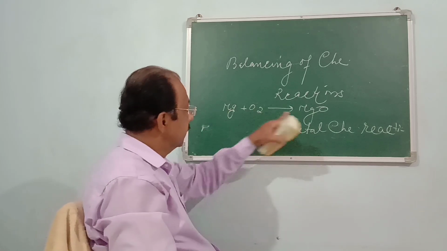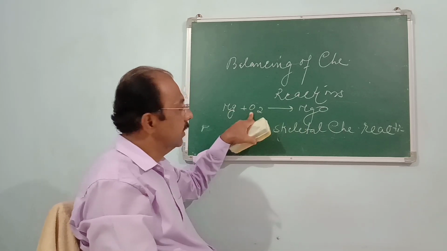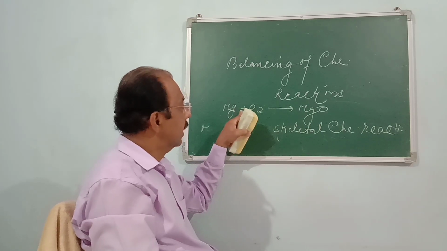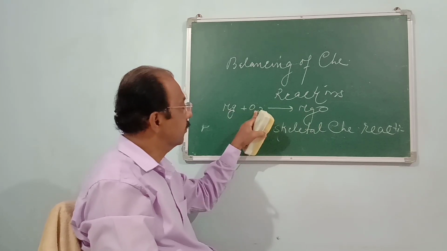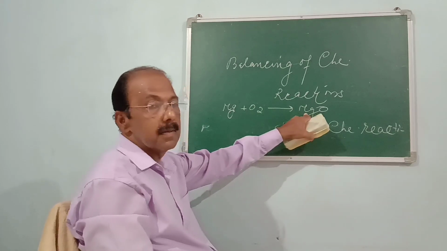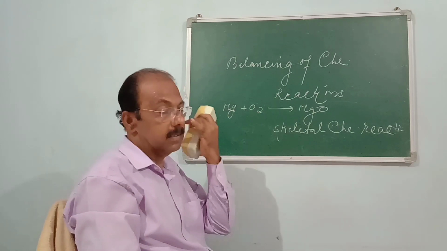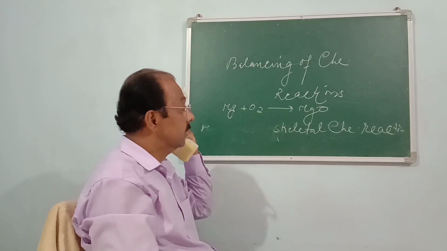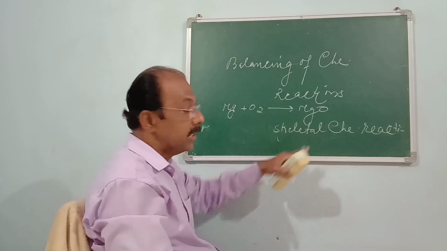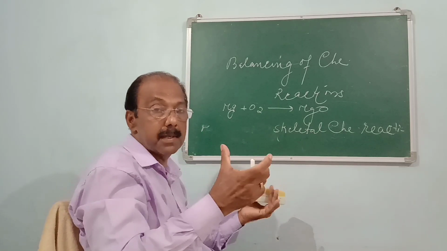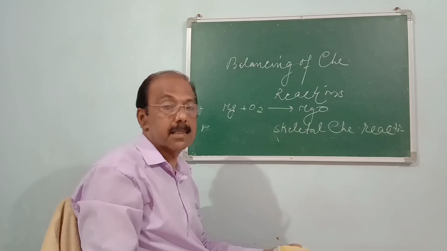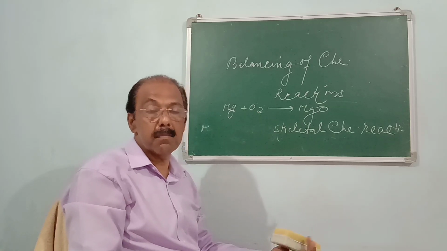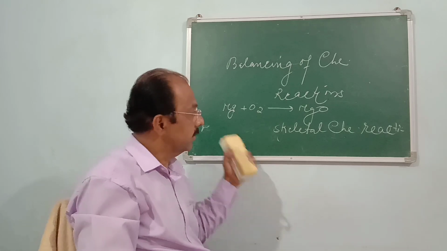Here magnesium is balanced but oxygen is not balanced. That means the total mass of the reactants, if we take the number of atoms of each element, and the product is not balanced. Therefore, it is necessary to balance the chemical reaction. So a skeletal reaction will give you the frame of a chemical reaction, or we can say it is an unbalanced chemical reaction. A skeletal reaction is an unbalanced chemical reaction.